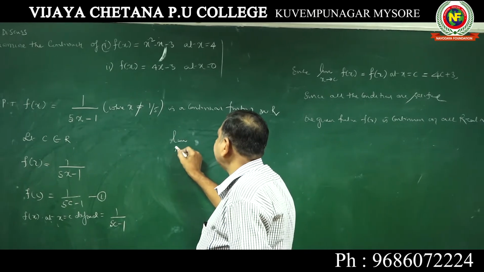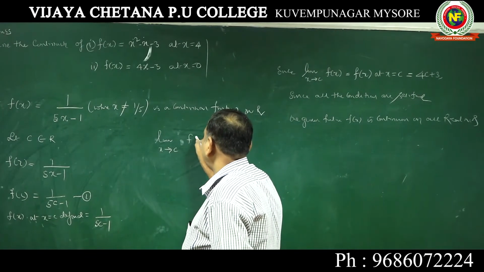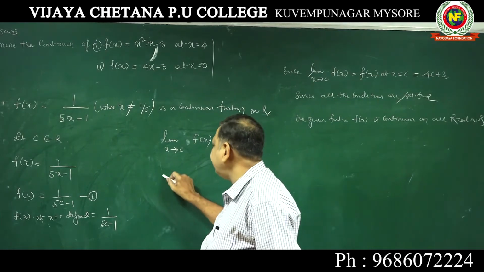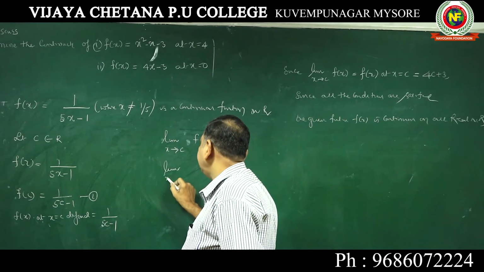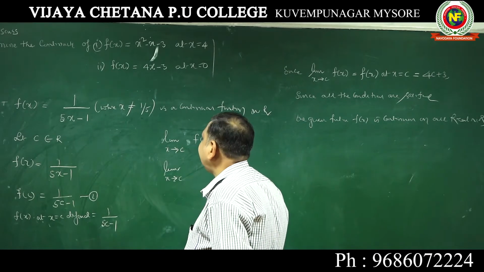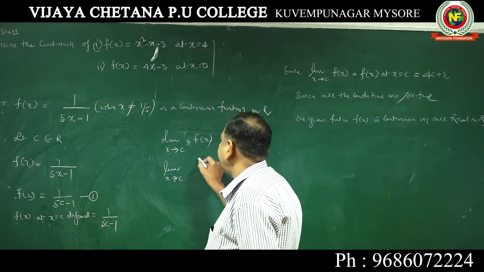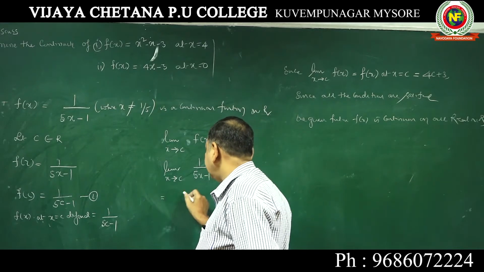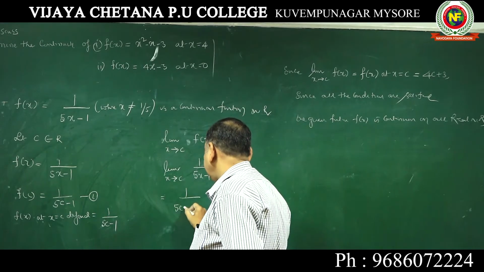Limit x tending to C of f of x, given by equation 3. You write 1 over 5x minus 1 at x equal to C, which is 1 over 5c minus 1.